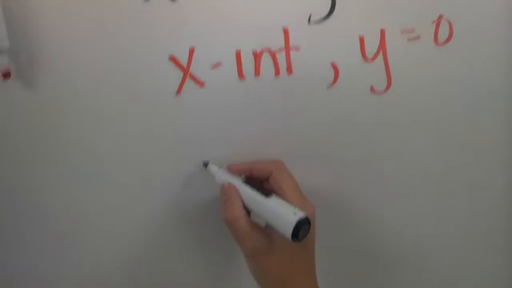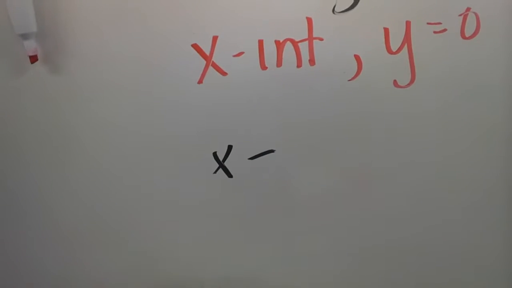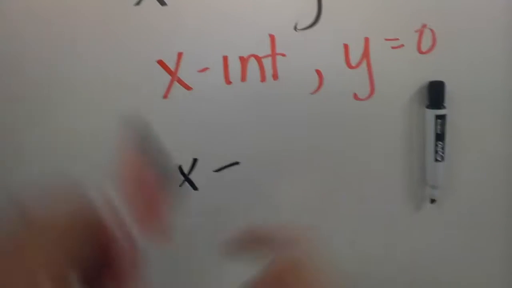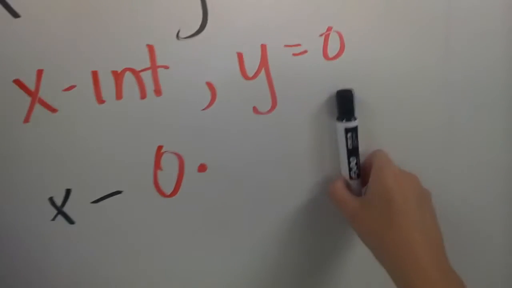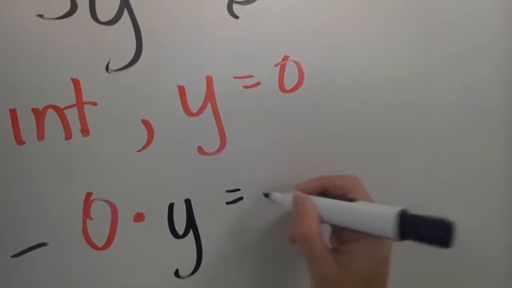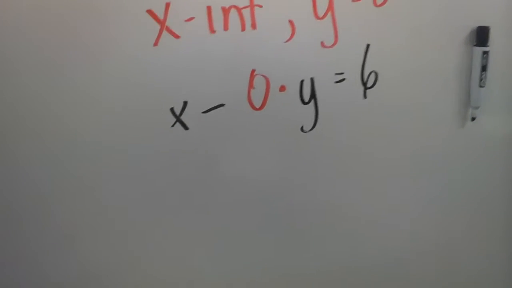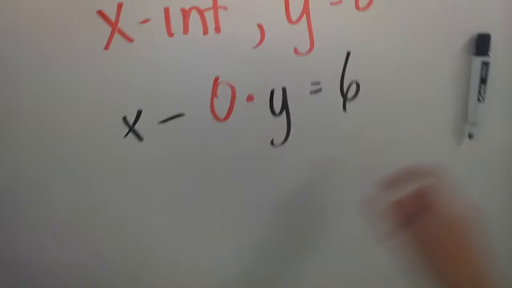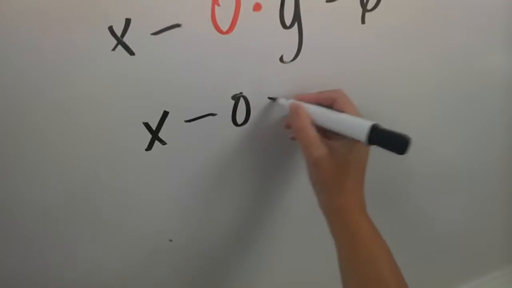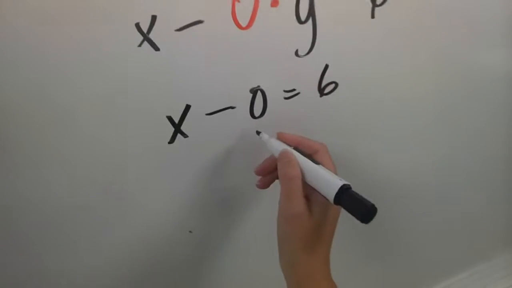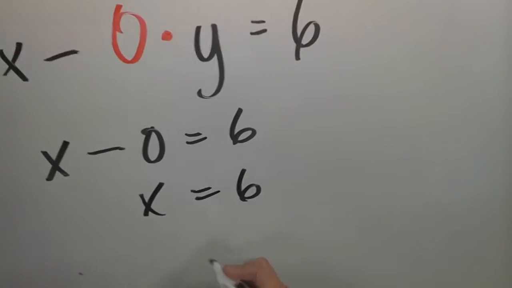So x minus 0 times y equals 6. So then we solve. This is what we've been doing. So x minus 0 equals 6. Well, x minus 0 is just x equals 6.